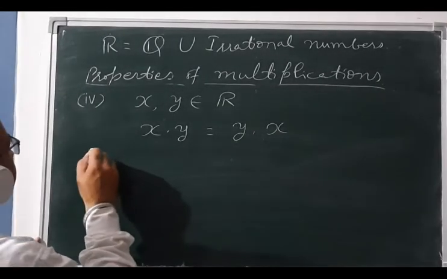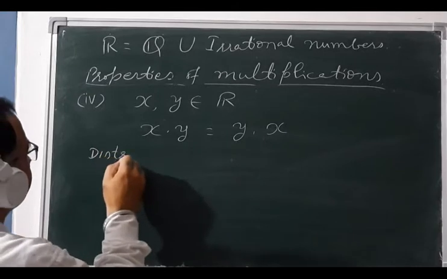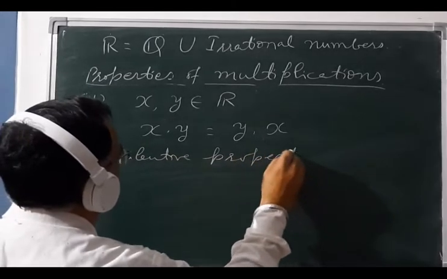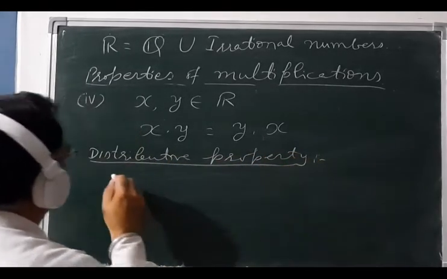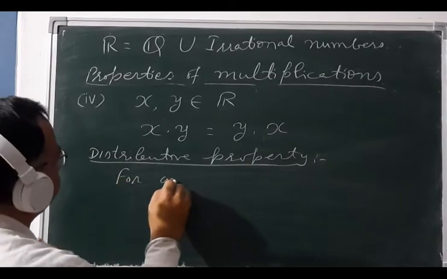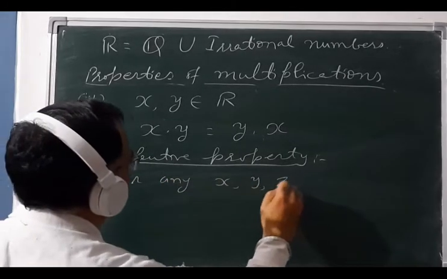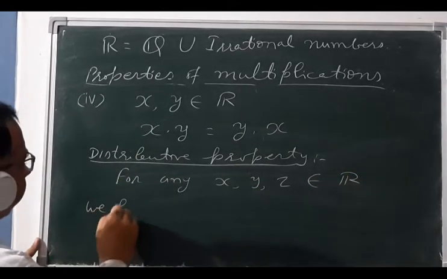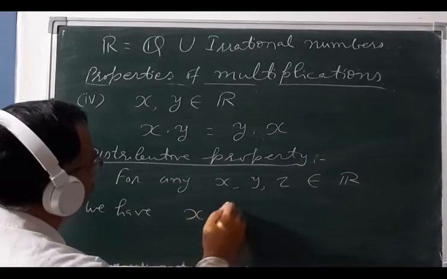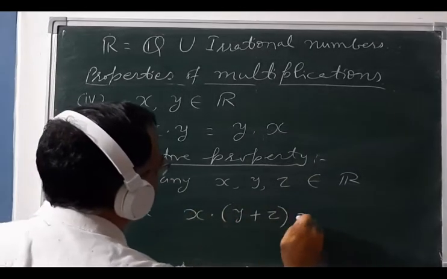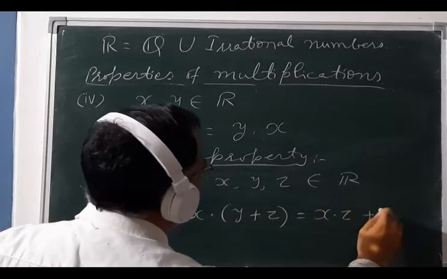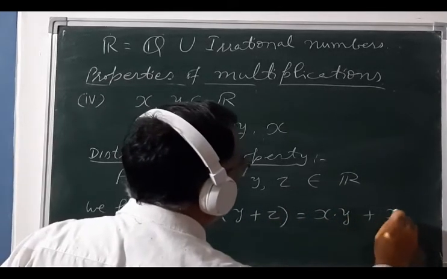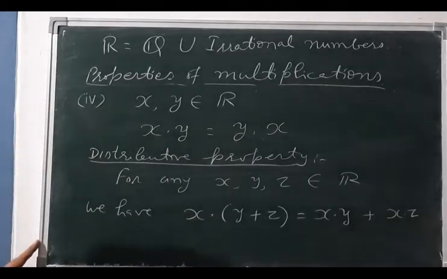Now there is a distributive property. For any x, y, z in the set of real numbers, we have x into (y plus z) is equal to x times y plus x times z.